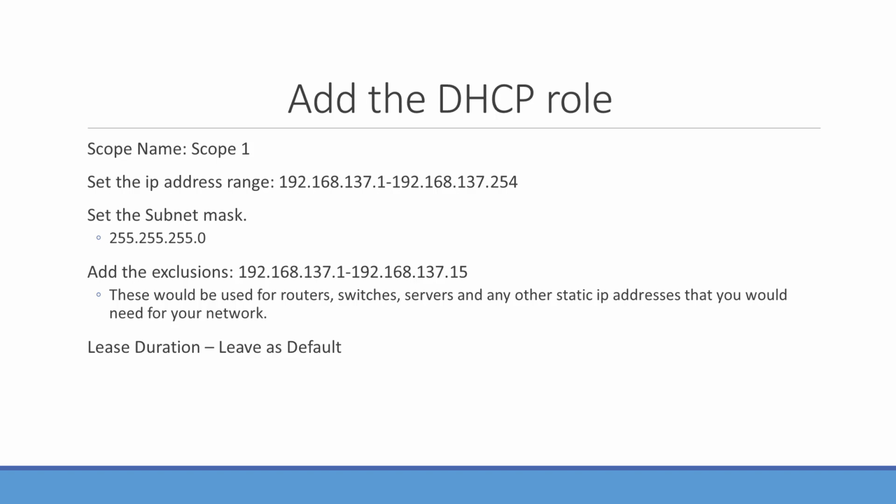These would typically be used for routers, switches, servers, anything other static IP addresses would be used for in your network. And we're going to just leave the lease duration as default. So I'm going to go over to my server now and show you how to do that.